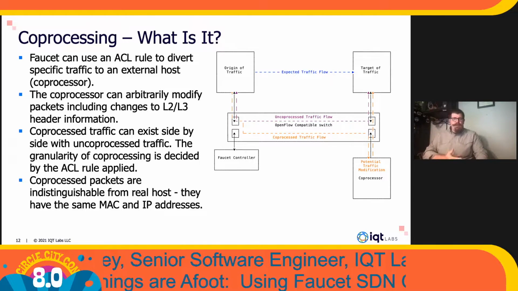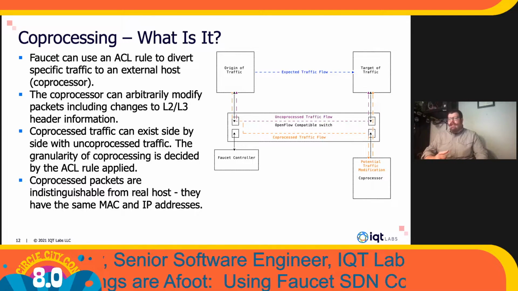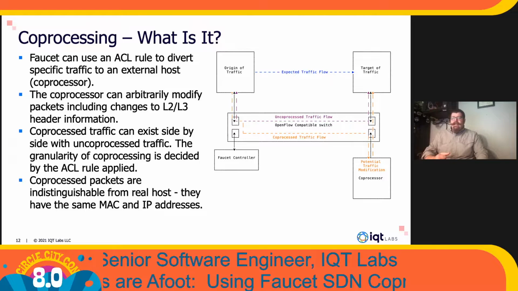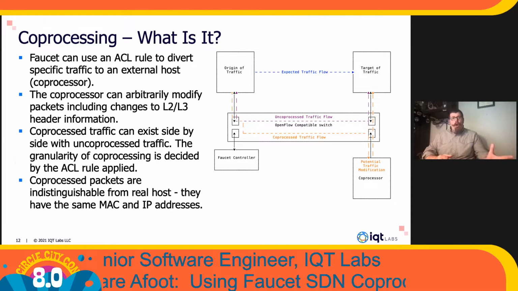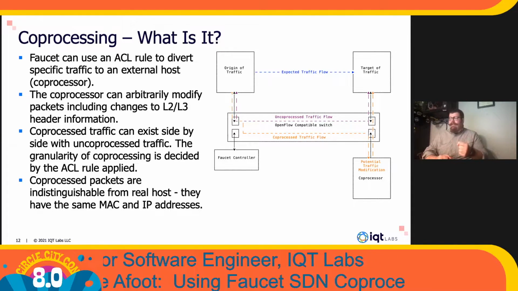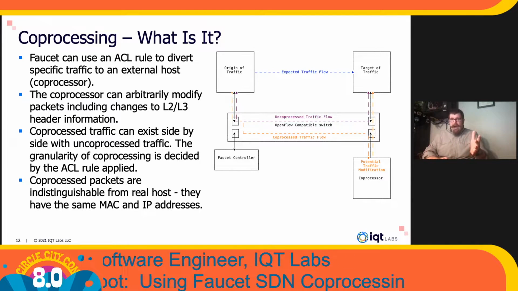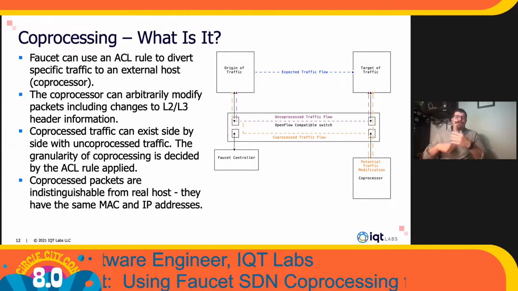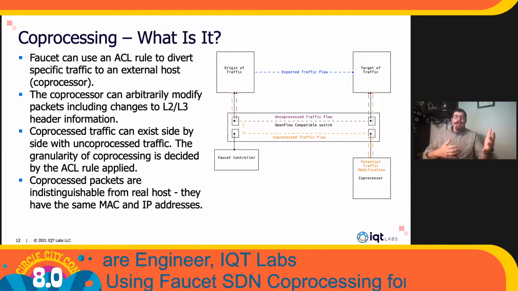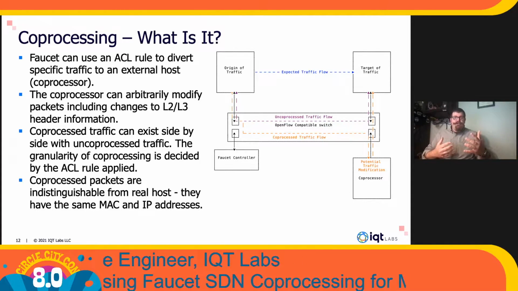My buddy Josh, one of the things that he does with this is he scoops up all traffic on TCP and UDP 53 and co-processes it through his DNS server, right? So what he's done there is he's mitigated any misconfigurations.